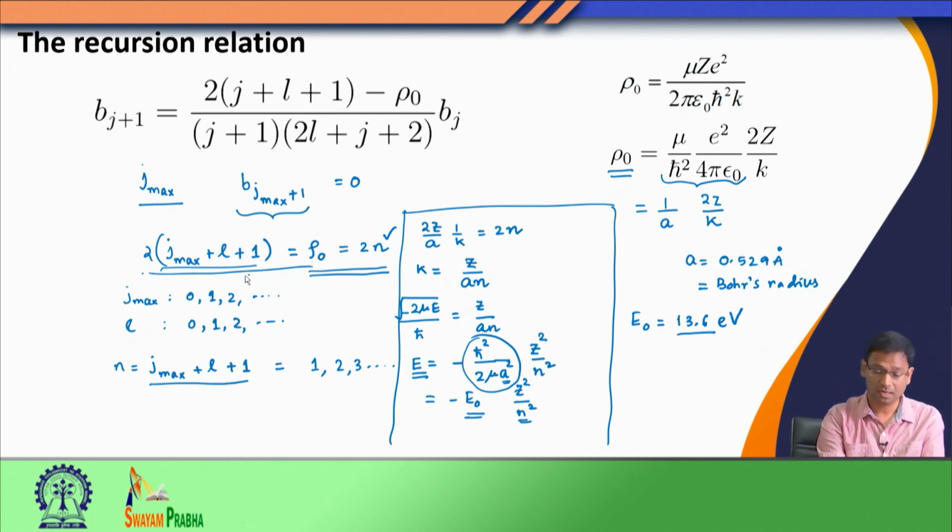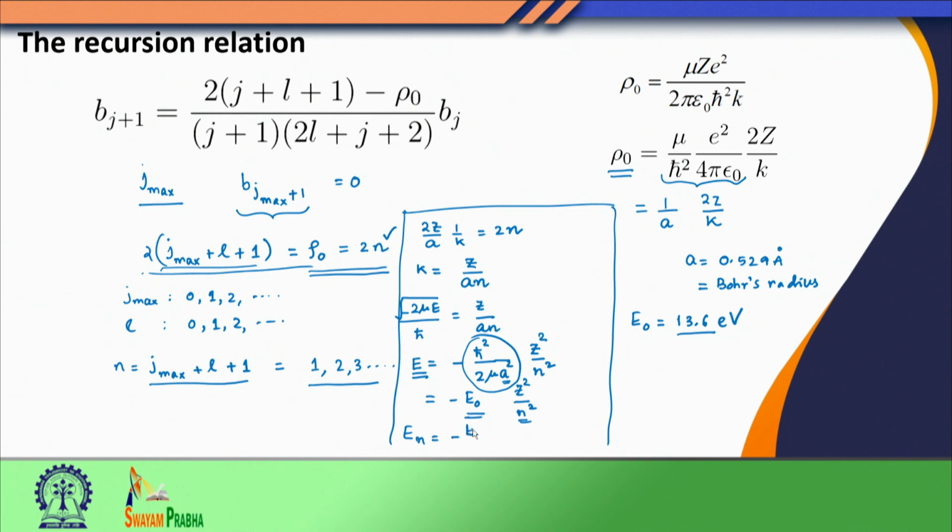We defined n because we had to truncate this series somewhere, and we have defined n as j max plus L plus 1, whose values can be 1, 2, 3, and so on and so forth. So, now we see that this energy E, for a particular system where the nuclear charge is defined, is simply this. So this is my energy value.